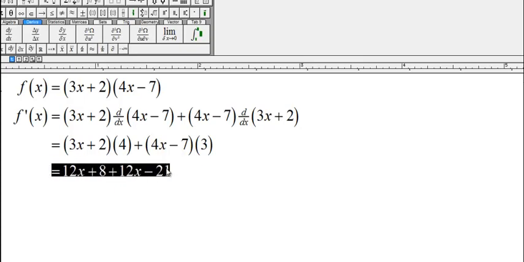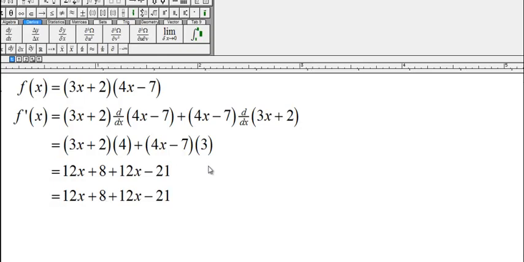Now we can do a little combining like terms. 12x plus 12x is 24x. And 8 minus 21 is negative 13, I believe. And so that is our formula for f prime of x.